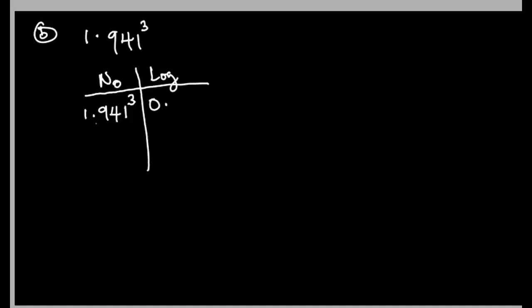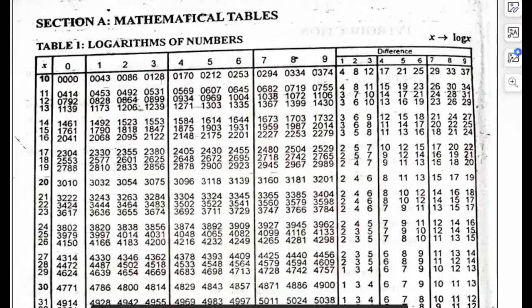Then we look for 19 under 4 difference 1. So under the log table, 19 under 4 is 2878. Then difference of 1 is 2. So when you add 2878 plus 2, you have 2880.